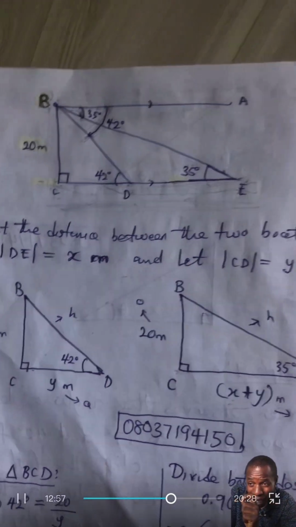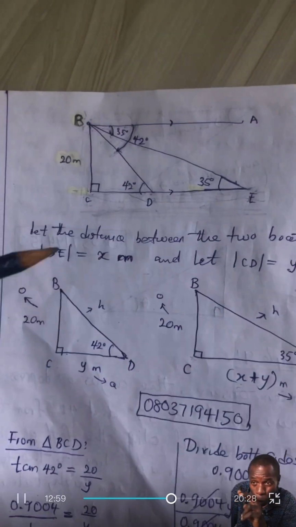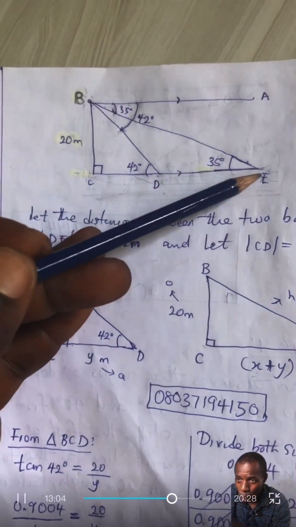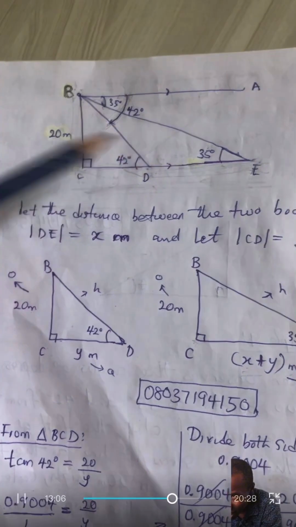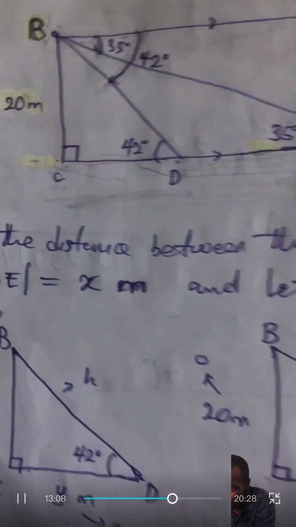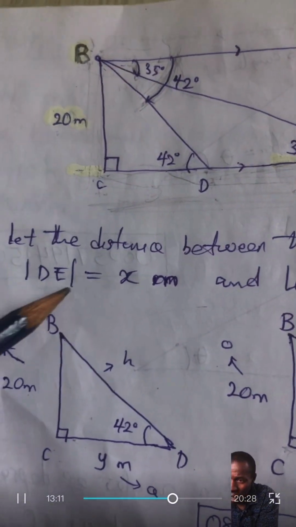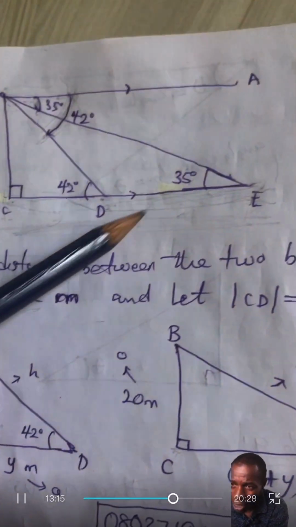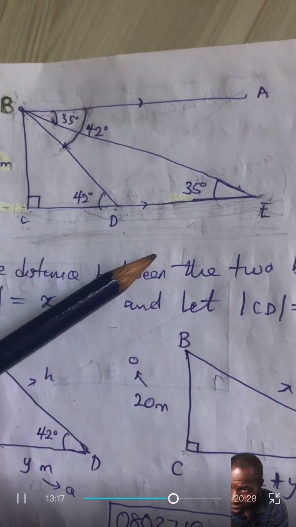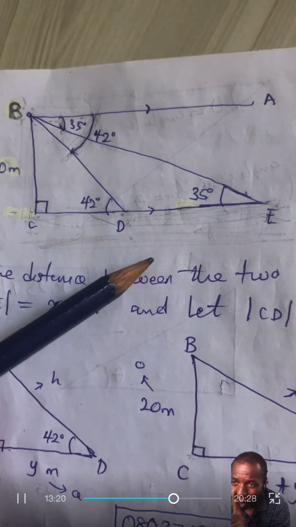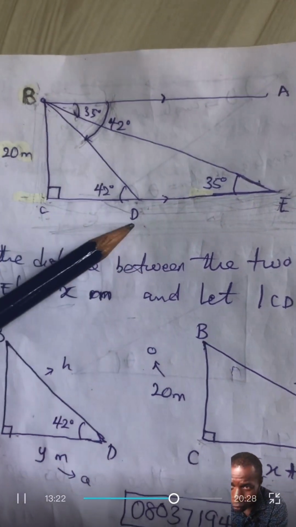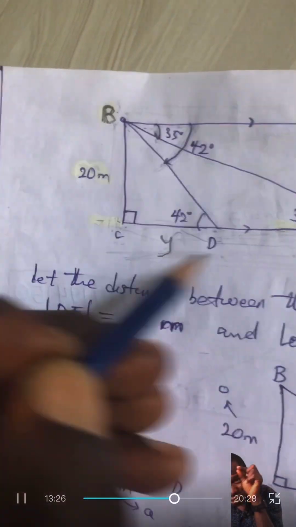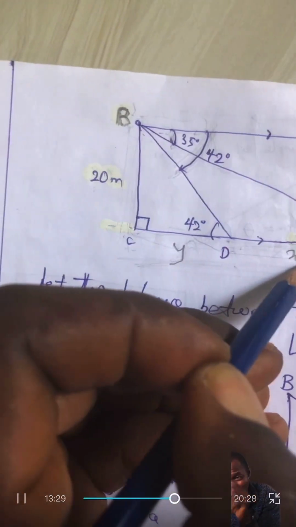Of course, you have to find the distance between the two boats, one is at D, the other one is at E. So in that case you have to indicate a letter there, maybe X or Y. I put letter X between D and E, and letter Y between C and D. We have to put a letter between C and D because C is very important, since that is where angle 90 is.